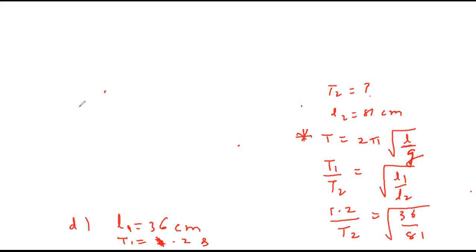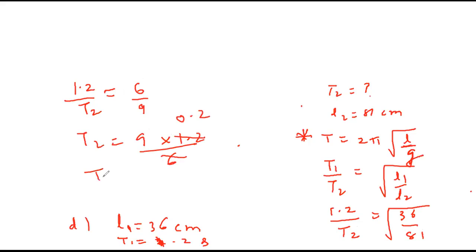Square root of 36 is 6, square root of 81 is 9. So T2 will be 9 into 1.2 upon 6, which is 9 into 0.2. So the new time period is 1.8 second.